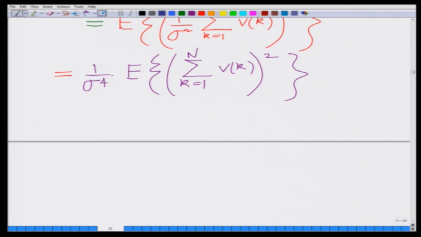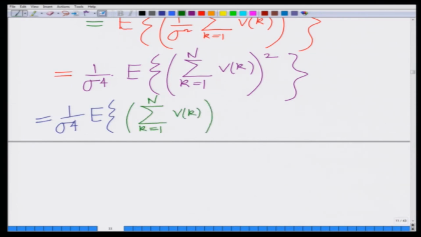Now, this I can also write as 1 over sigma to the power of 4 expected value of summation v k whole square. I can write it as summation k equals 1 to n v k times itself, but I am going to change the index, and this is a trick that we have seen several times before.